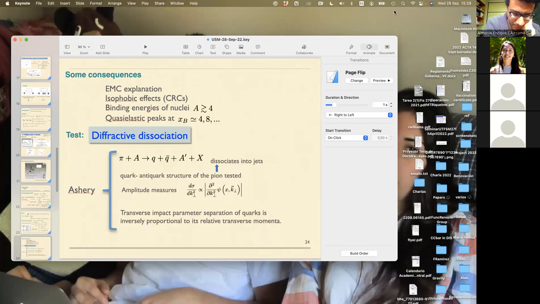So this could appear there, right? Of course, you're going to have those. Diffractive scattering, yes. Yes, definitely. I see.